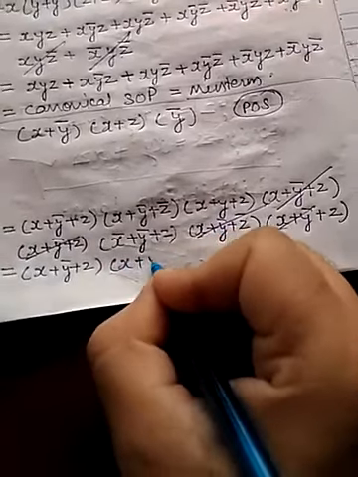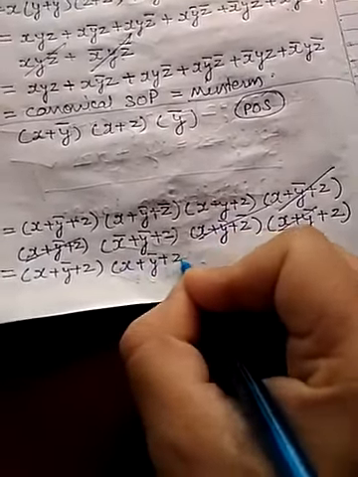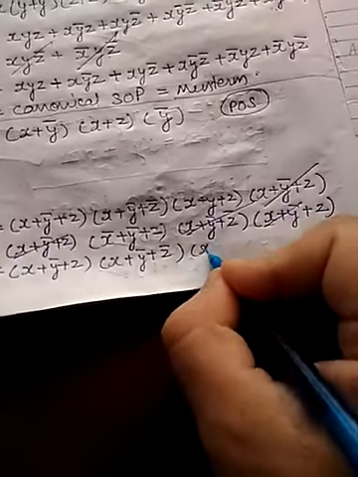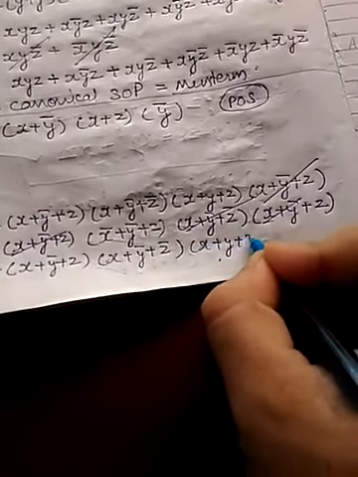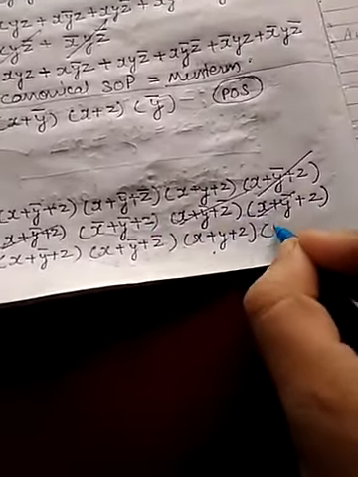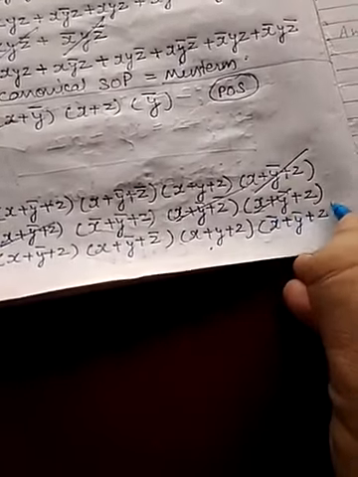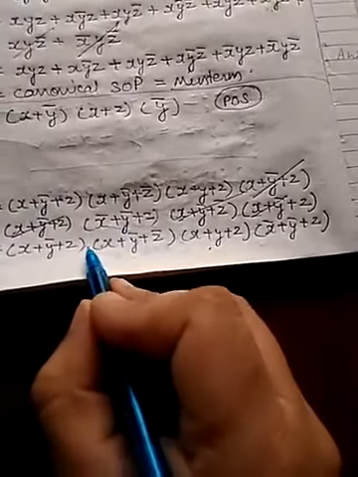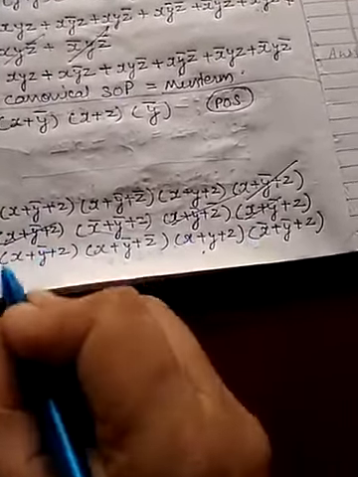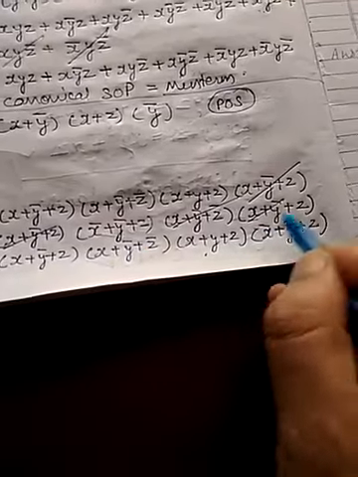another term is x plus y naught plus z naught, another is x plus y plus z, another is x naught plus y naught plus z. Now look at it very carefully. What is it? It is a product of sums.